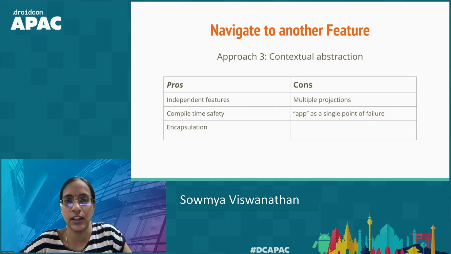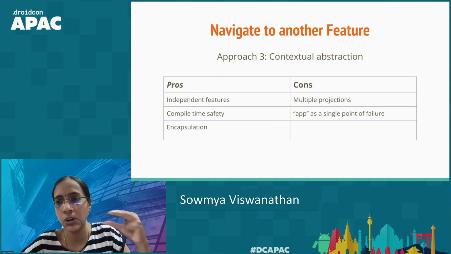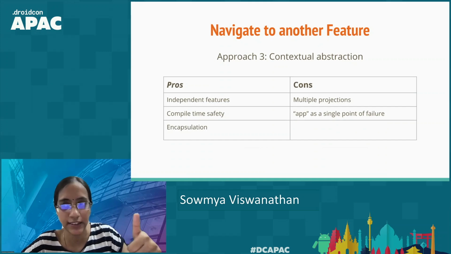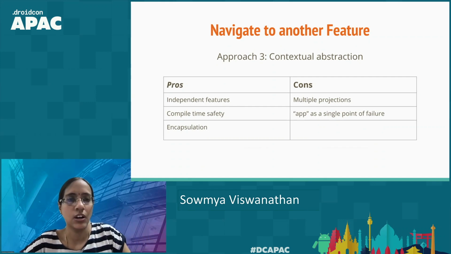In our use case, since we wanted all the feature teams to operate independently, and we wanted to have the contract set in place between the features and also ensure that the encapsulation is followed, we took the third approach, that is the contextual abstraction that we just spoke about. This was the one picked by our team.